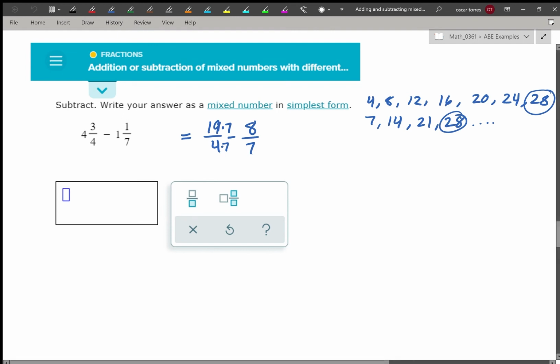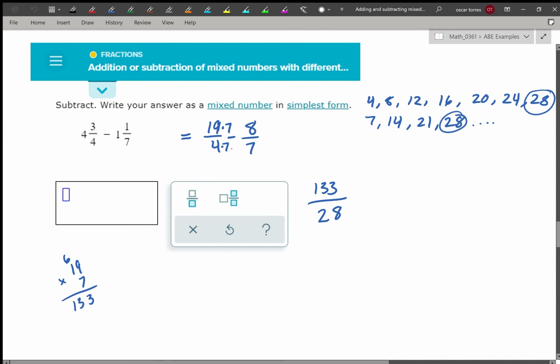If we need to, we can work it out to the side. 9 times 7 is 63. 7 times 1 is 7, plus 6 is 13. So we end up getting 133 over 4 times 7, which was 28. So we're done with our first fraction. We convert it into an improper fraction, and we change it so that the denominator is a 28.